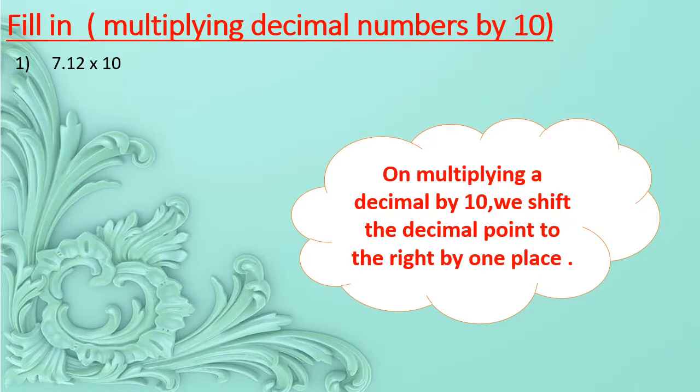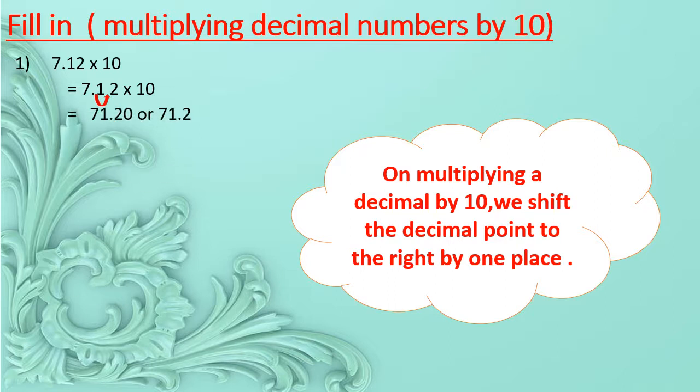7.12 multiplied by 10. Now assume you are multiplying whole numbers: 712 multiplied by 10. We all know that we are going to have 7120. Now we will shift the decimal point to the right by one place, so the decimal will come in between 1 and 2.